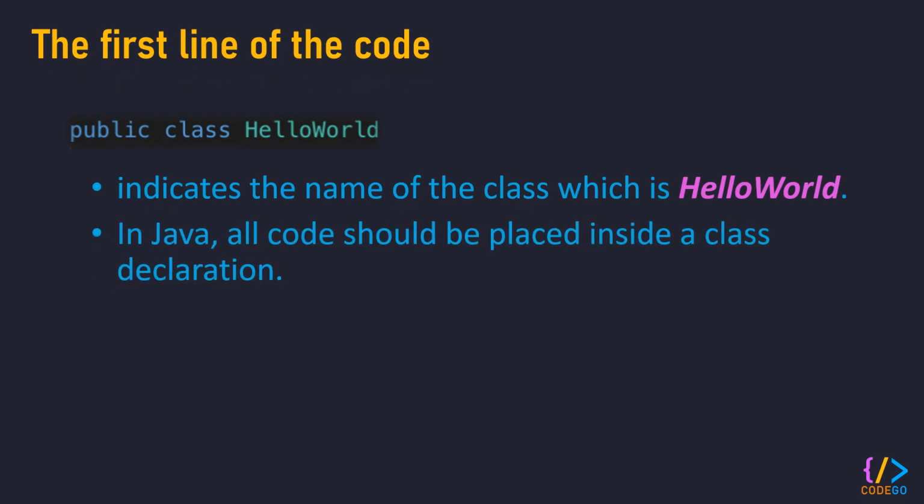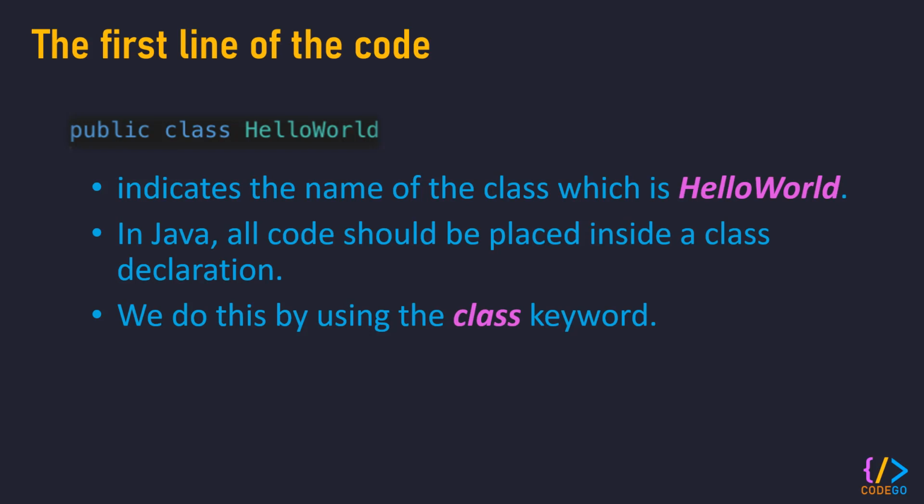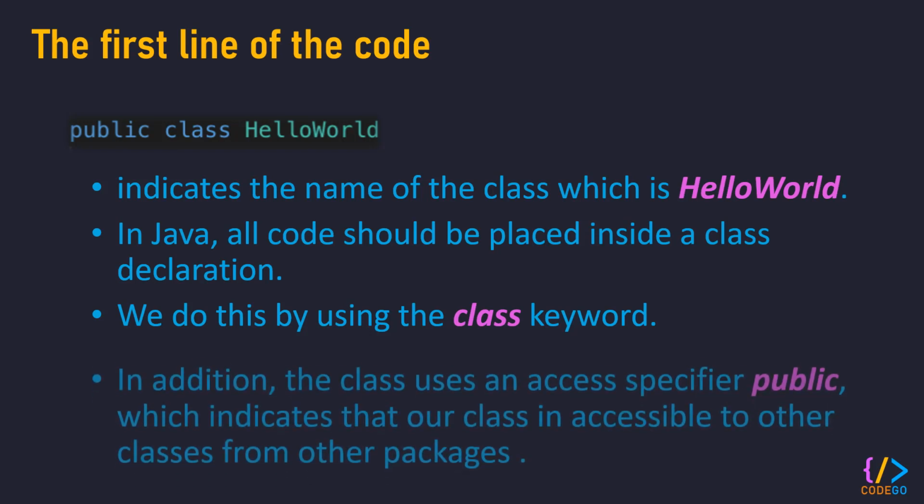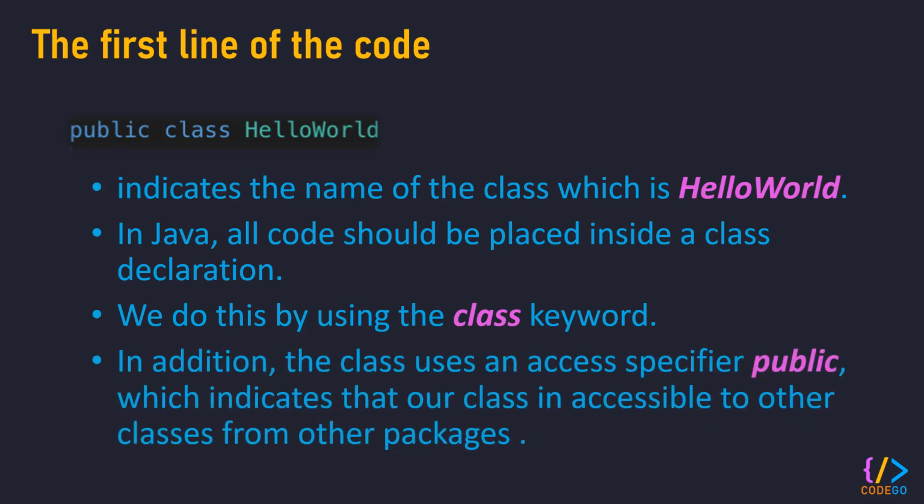In Java, all code should be placed inside a class declaration. We do this by using the class keyword. In addition, the class uses an access specifier public, which indicates that our class is accessible to other classes from other packages.